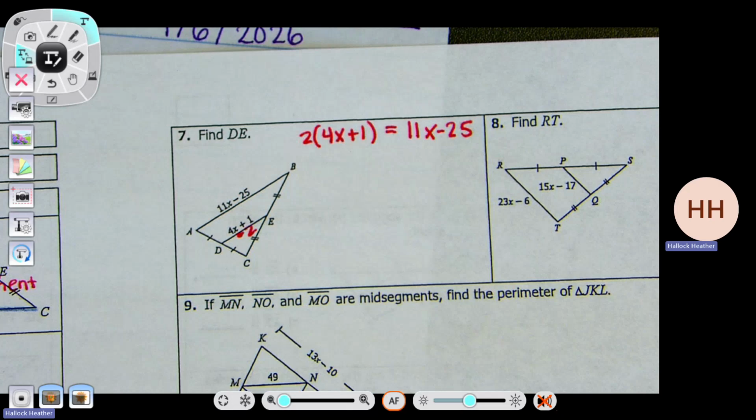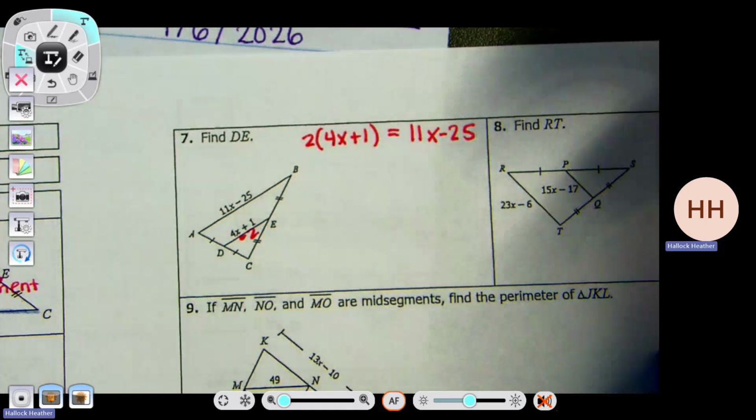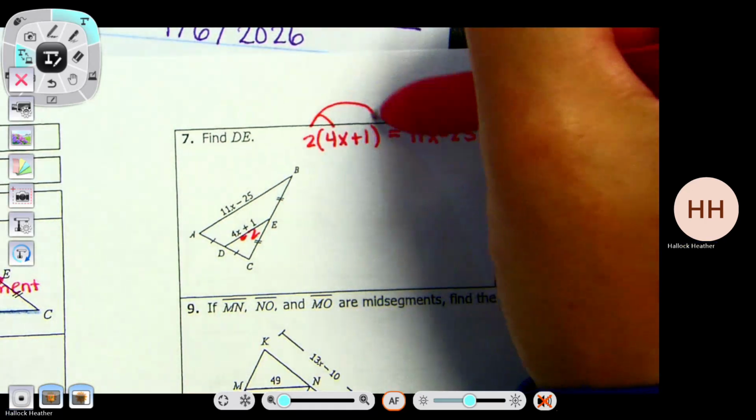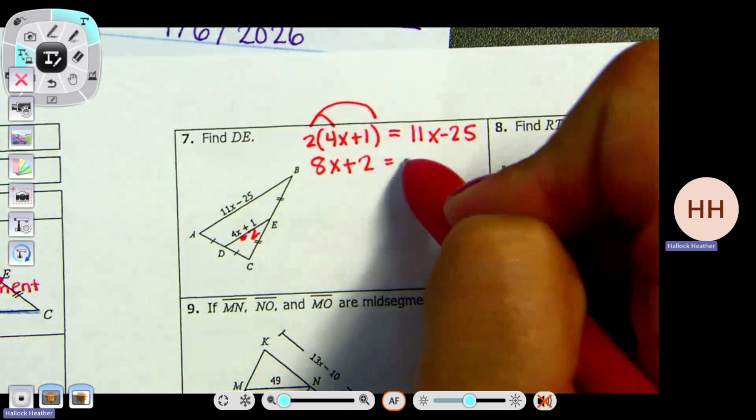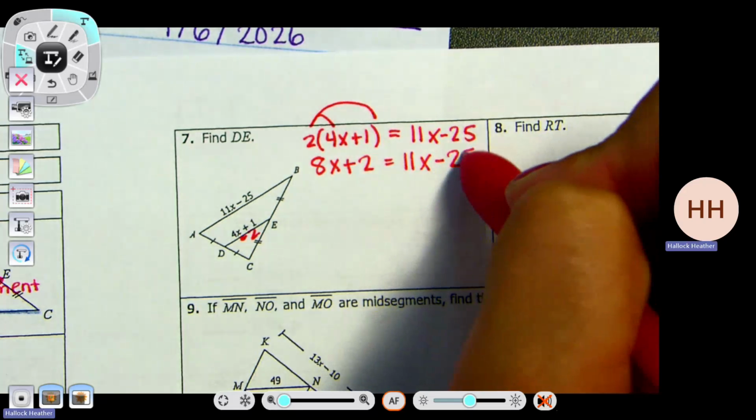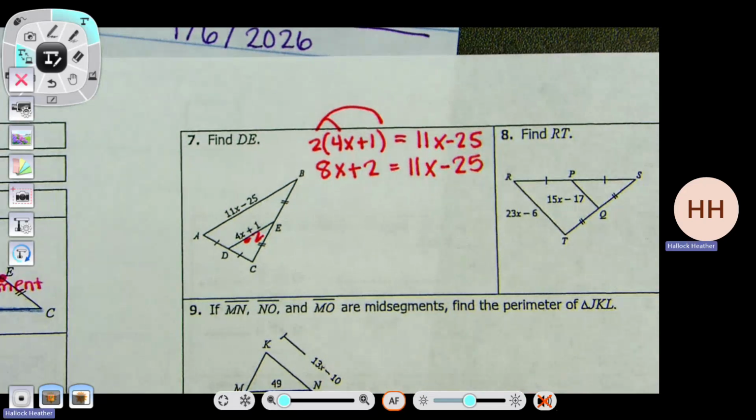Next year, you'll go back to quadratics and exponential functions. But for now, enjoy it while it lasts. You just need algebra.